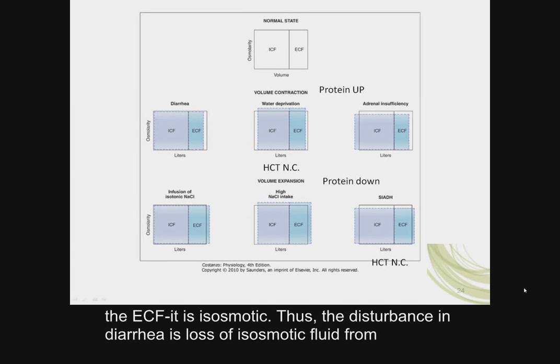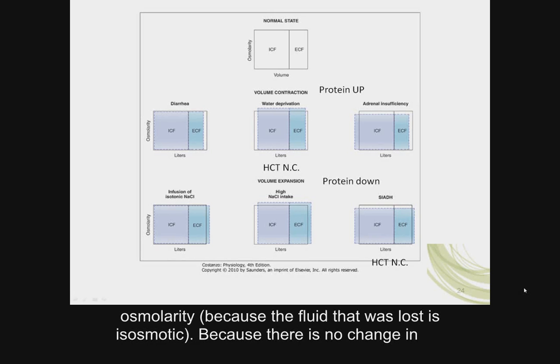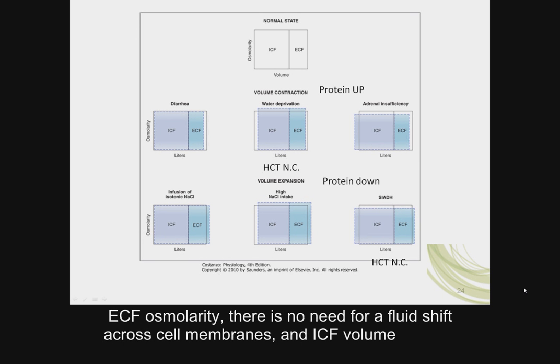As a result, ECF volume decreases, but there is no accompanying change in ECF osmolarity because the fluid that was lost is isoosmotic. Because there is no change in ECF osmolarity, there is no need for a fluid shift across cell membranes, and ICF volume remains unchanged. In the new steady state, ECF volume decreases, and the osmolarities of ECF and ICF are unchanged.